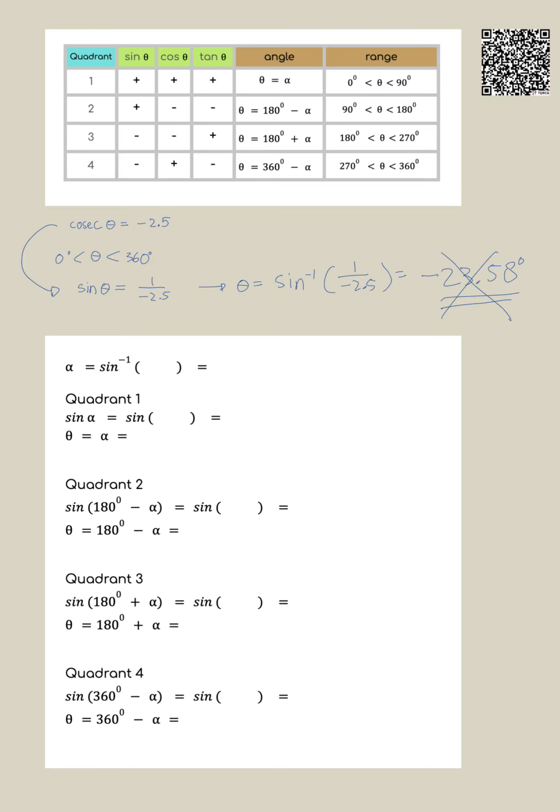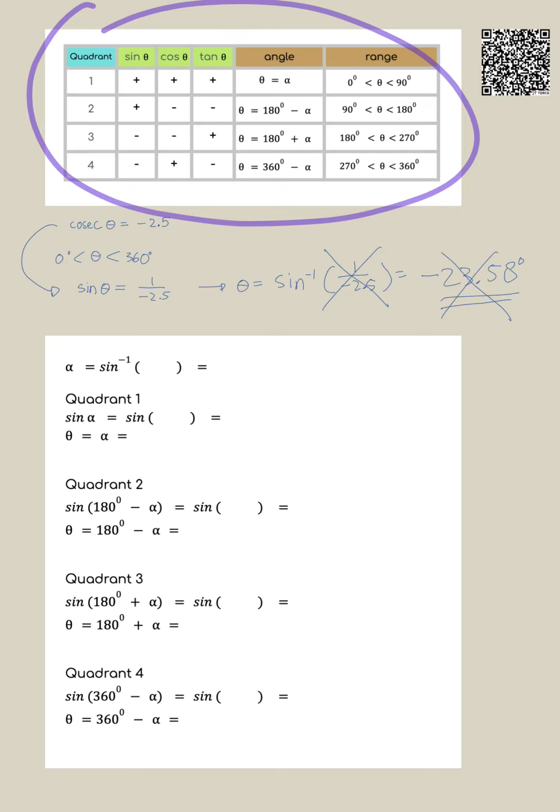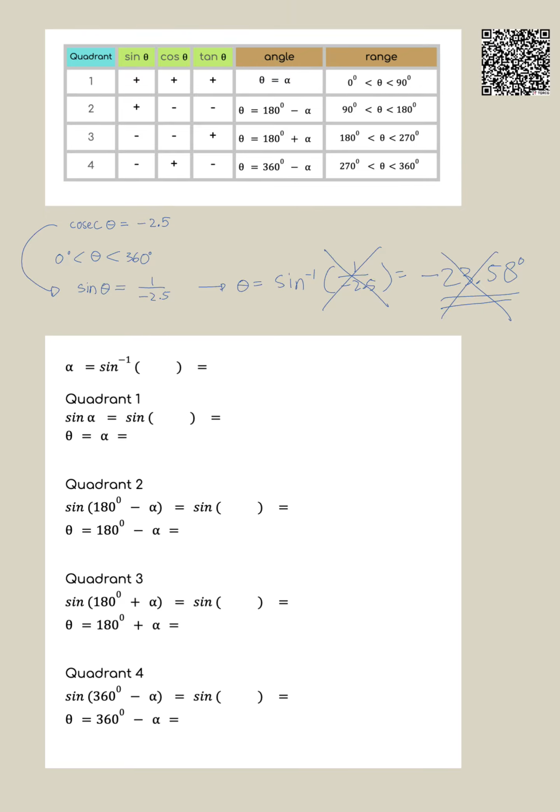Then how to solve this problem? Now, some of my students make this kind of mistake, so that's why I prepared them with this table. This table will help my students and will help you also to solve this type of question where they give you cosecant theta equal to negative something.